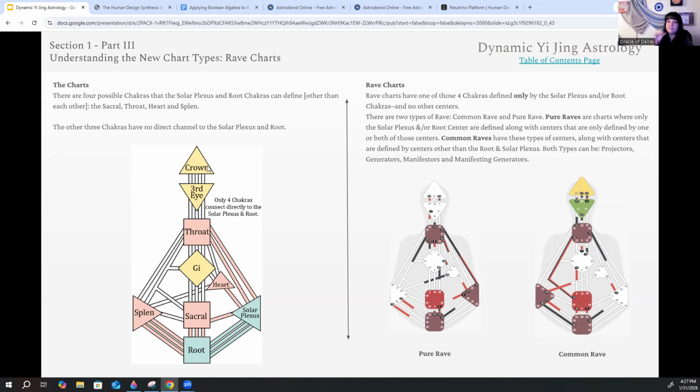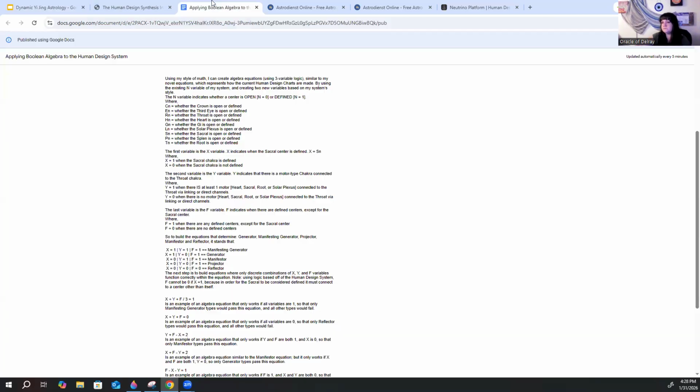And then reflectors have all open centers. So the Y value is for when it's a manifestor or a manifesting generator, when there's one motor connected to the throat. Only manifestors and manifesting generators will have a Y, but only manifesting generators will have an X value of 1.